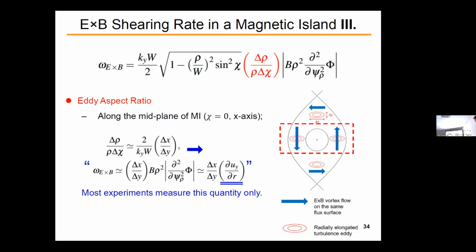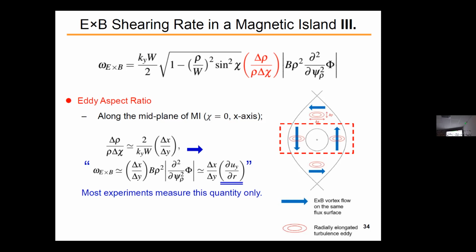And as I told you, this is the usual E cross B shear parameter in Cartesian coordinates. So you have to note that most experiments talk about the E cross B shearing rate in their papers, but they're not using the full expression, of course, as they did their experiments before our paper.